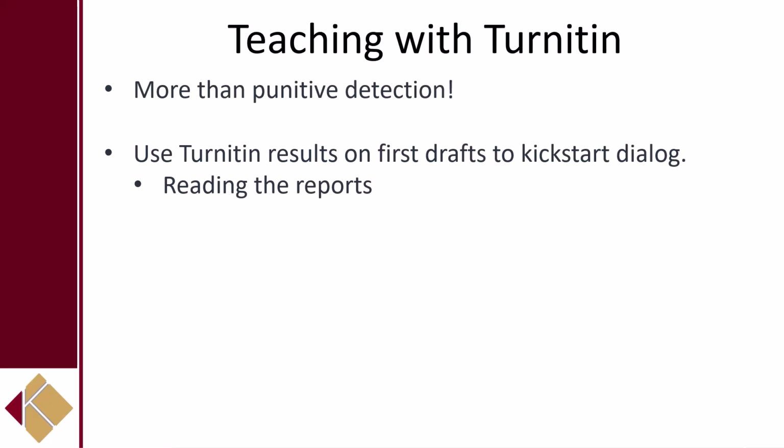When students are learning how to paraphrase and use citations, they often create work that is unintentionally plagiarized. Examination of the Turnitin report can be a great way to kickstart a lesson on paraphrasing and proper citation use.